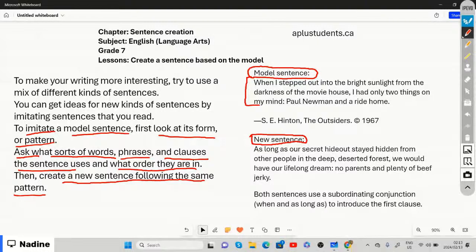Both of these sentences use a subordinating conjunction, when and as long as, to start and introduce the first clause.